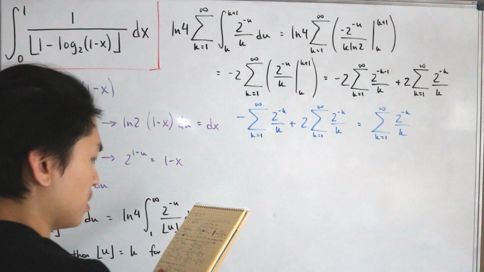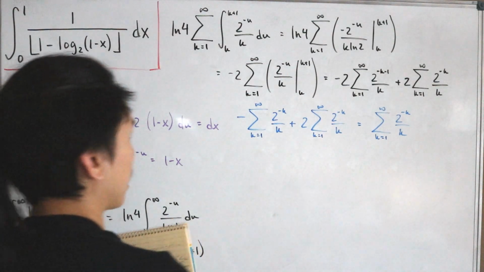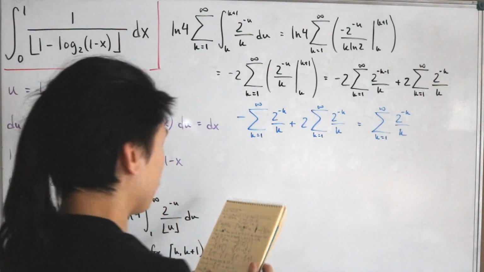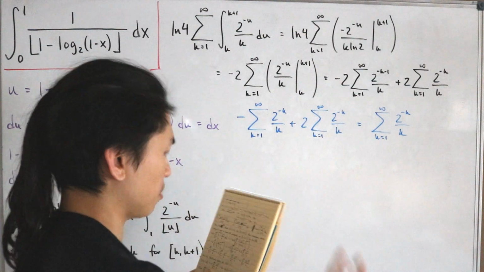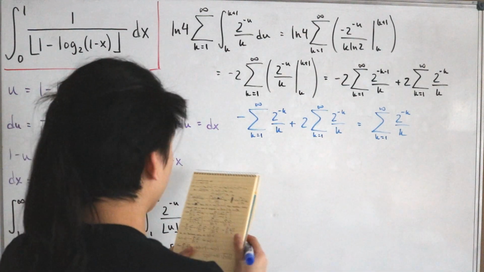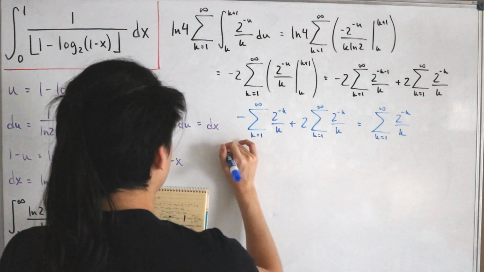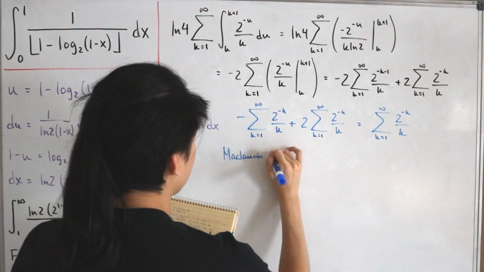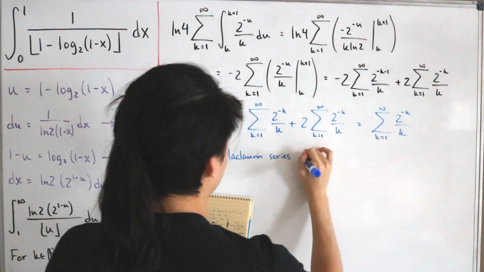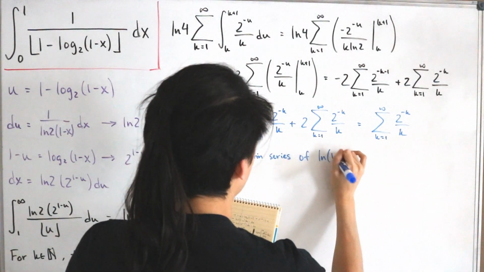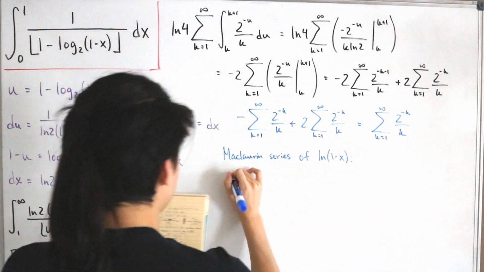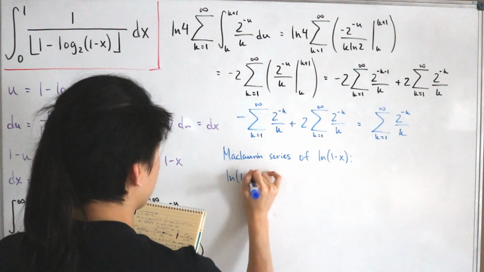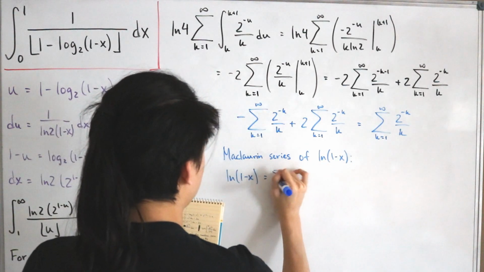And so the last thing here now is how do we actually approach this? Well, the final formula we can use here is the Maclaurin series of the following function. So this one we will be using ln of 1 minus x, which says that ln of 1 minus x is going to equal this infinite sum.